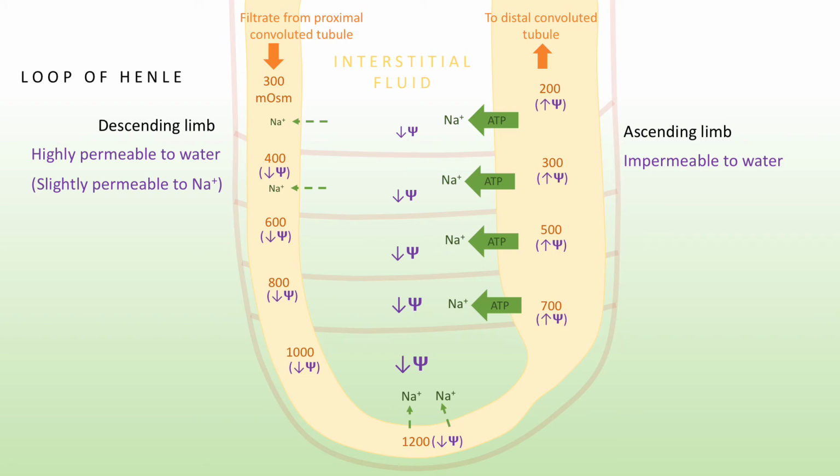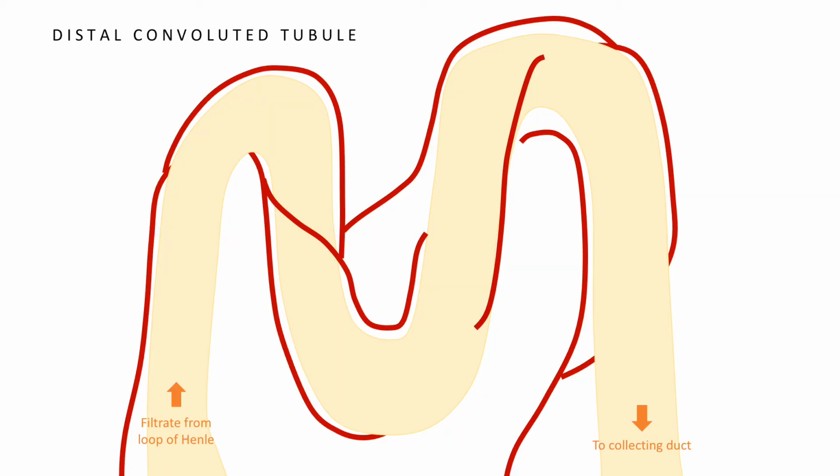So let's take a closer look at the distal convoluted tubule. Filtrate from the loop of Henle enters the distal convoluted tubule, and this looks very similar to the proximal convoluted tubule.